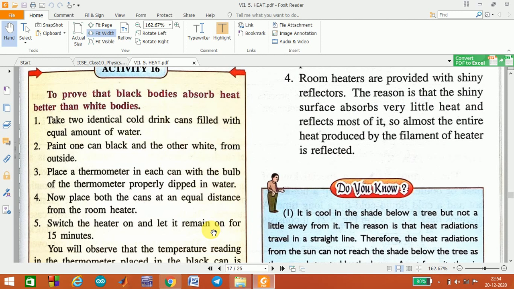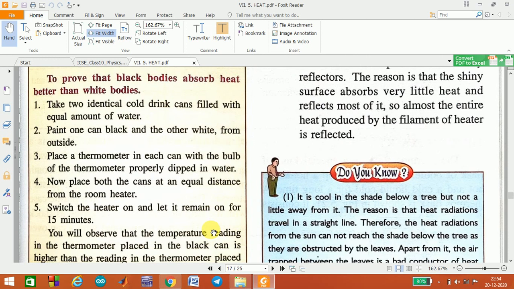Place a thermometer in each can with the bulb of the thermometer properly dipped in the water. Now place both cans at an equal distance from a room heater. Then switch the heater on and let it remain for 15 minutes.